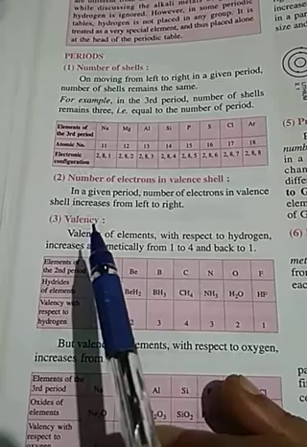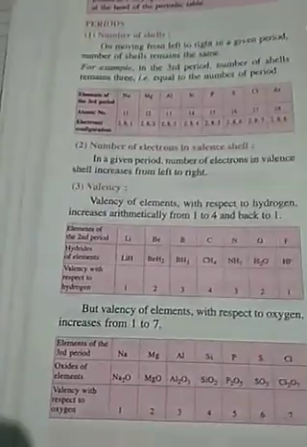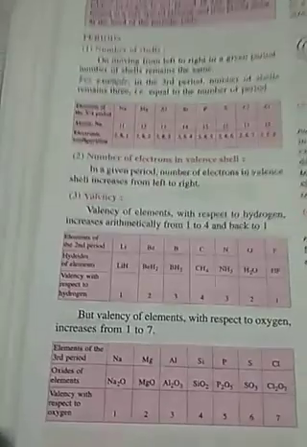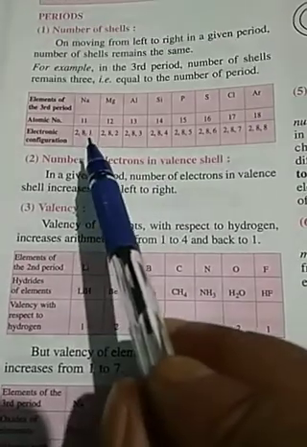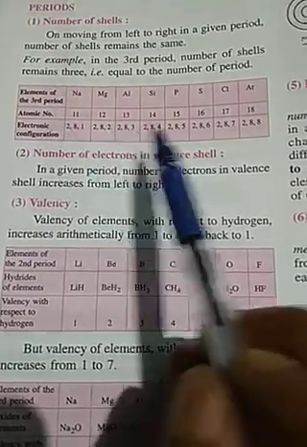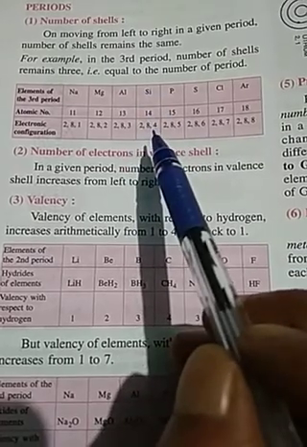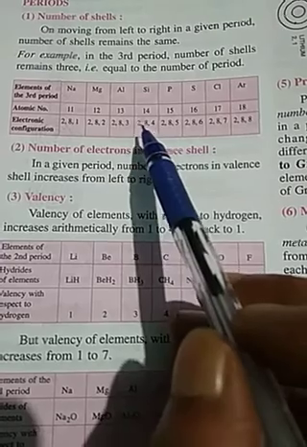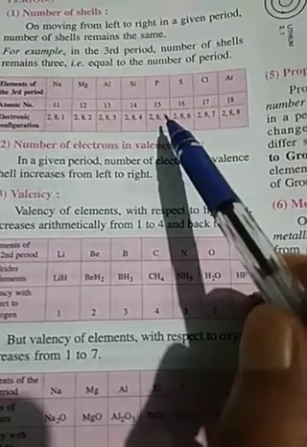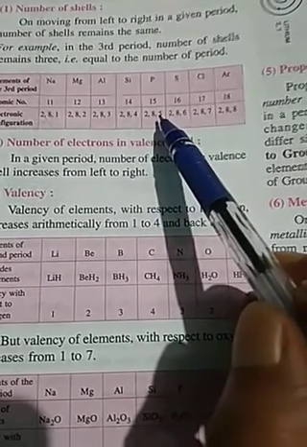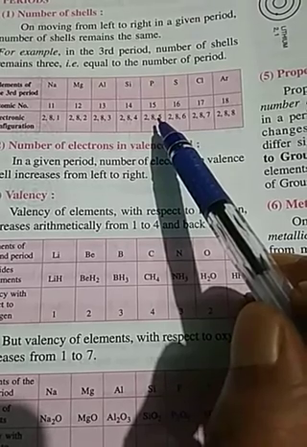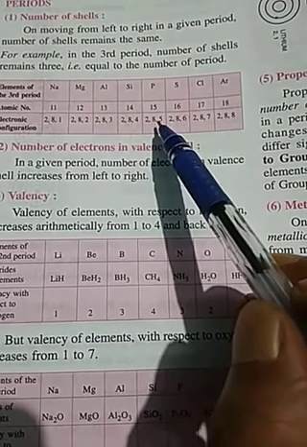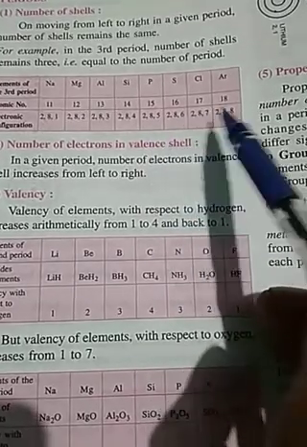Now valency. In a group, what was happening? Valency was remaining the same, but here if you see, valency is 1, 2, 3. Then this is the group of carbon, meaning 14, carbon, silicon. Here valency is 4. In group 15, if the outermost shell contains 5 electrons, it needs 3 more electrons, so valency will be 3, then 2, 1 and 0.